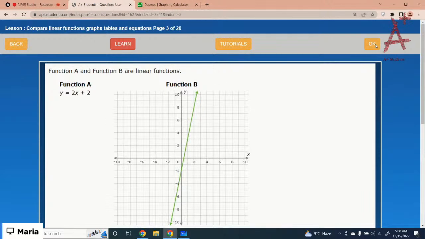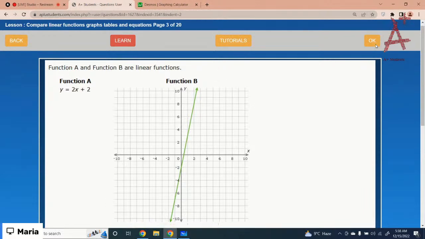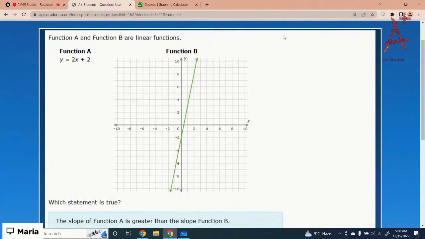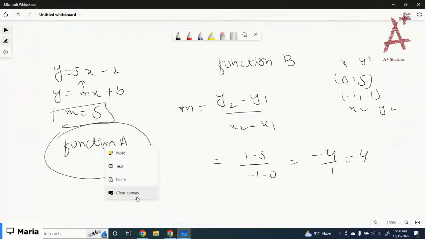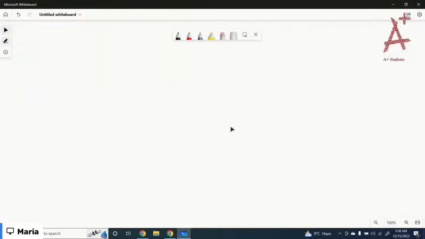Okay. Function A and function B are linear. So the equation of function A is y equals 2x plus 2. So here the slope is 2. Got it? Just look at the graph. Find 2 points on the graph.